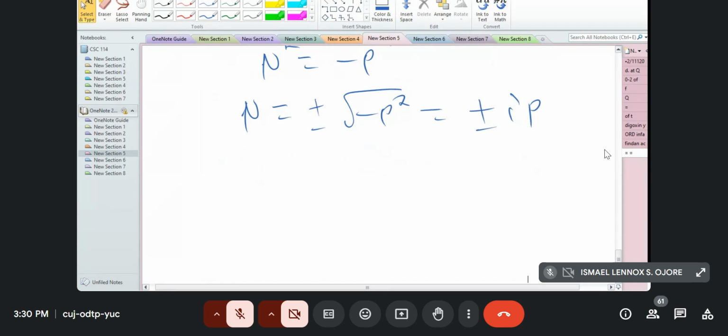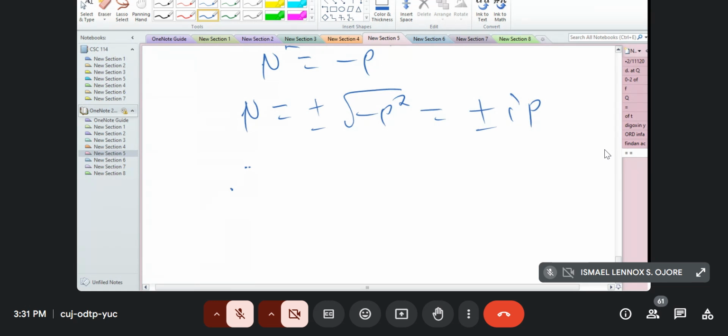If the roots are complex in nature, then you have two solutions. One is e to the alpha times theta times cosine of beta theta. In this case, our beta is p. The second solution will be e to the alpha theta times sine p theta.